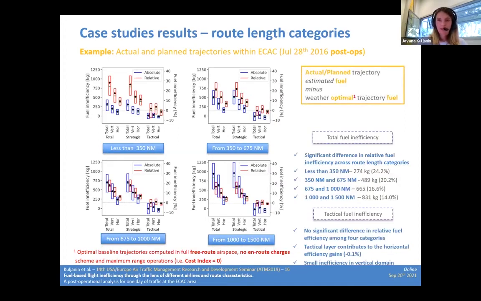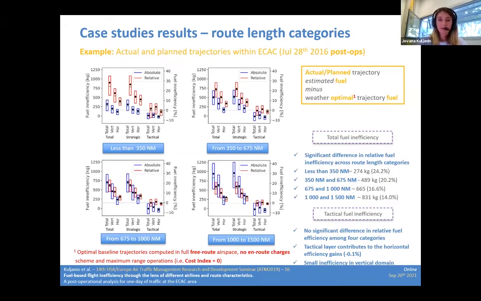And regarding the results, we can clearly see that there is a great difference in total flight efficiency among the routes with different stage length. Not surprisingly, the results show that longer routes exhibit higher inefficiency in absolute terms, while conversely, the fuel inefficiency in relative terms significantly drops as the length of the route increases.